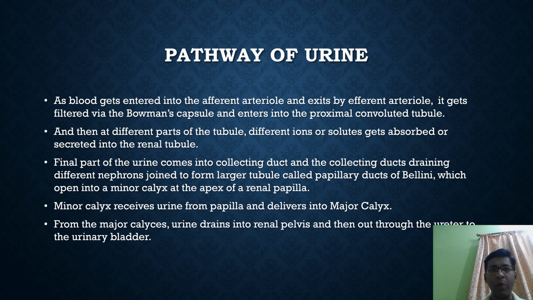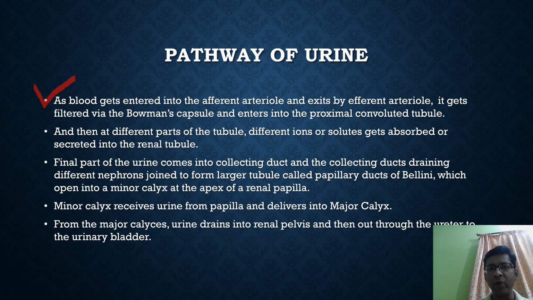Now the pathway of urine: how urine is produced, how it comes, how it gets excreted from the body. As we can see in the previous slide, there is a loop of blood vessels called the glomerulus inside the Bowman's capsule. Blood enters the afferent arteriole.